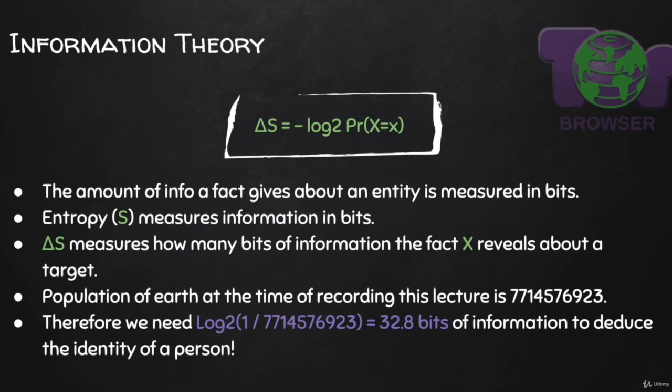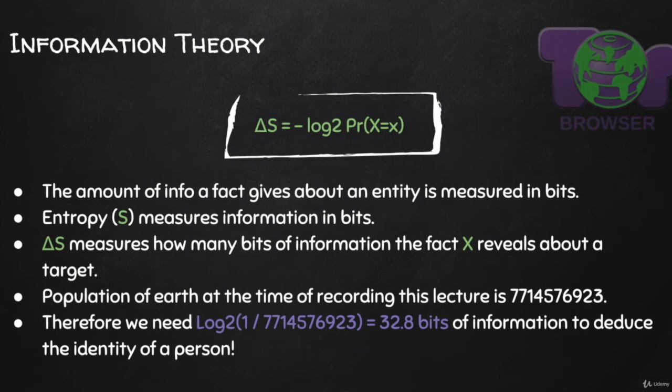So, at the time of recording this lecture, the population of Earth is around 7.7 billion. Plugging this value into this equation right here, we can see that in order to identify a person on Earth, all we need is 32.8, so nearly 33 bits of information.